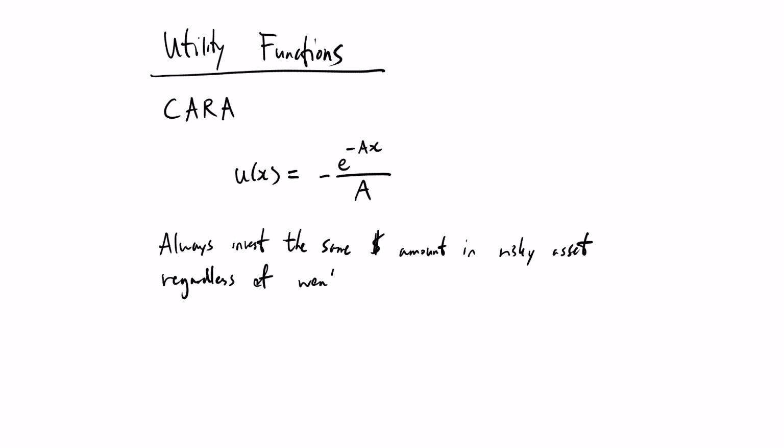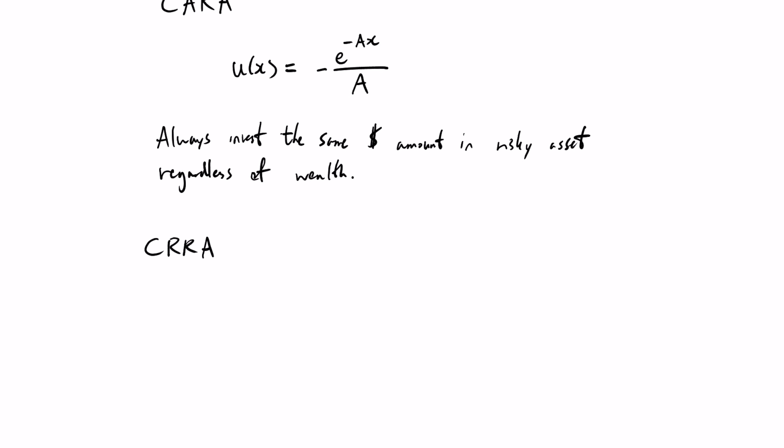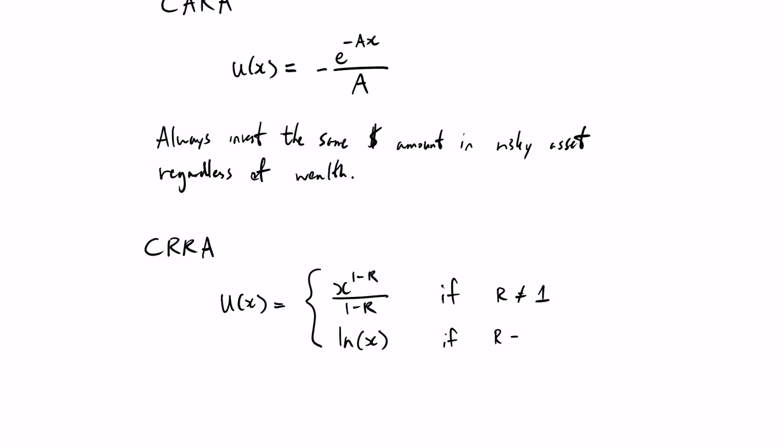Then you have the CRRA, constant relative rate of risk aversion, which is U(X) equals X to the 1 minus R over 1 minus R if R is not 1, but it's just log X if R equals 1. Why is that the case?